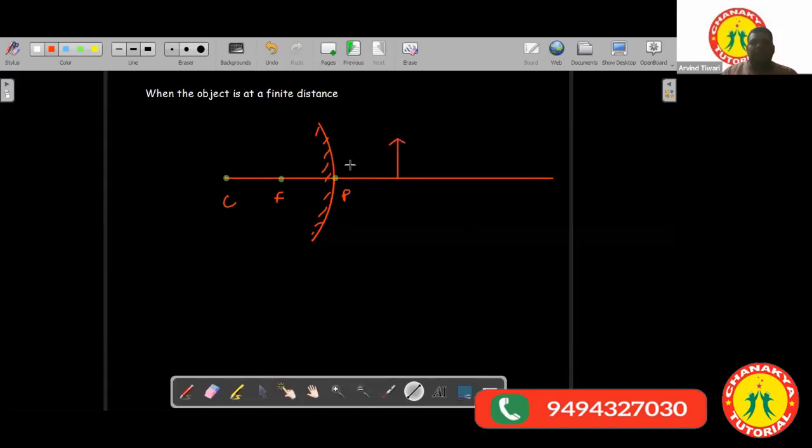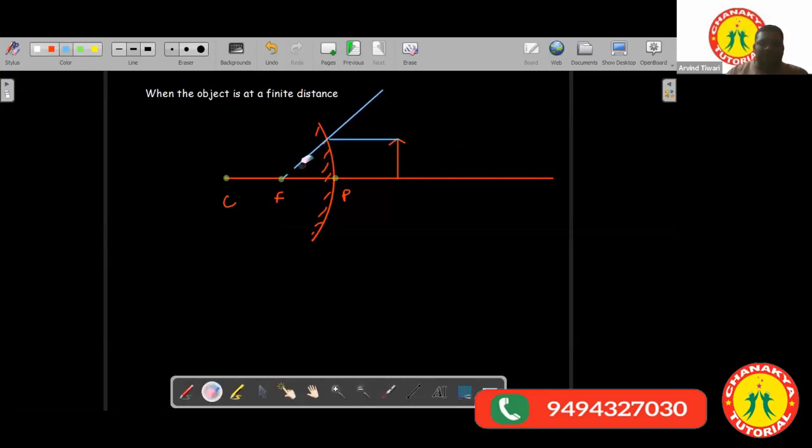Now see, to obtain the image, how can we obtain the image? We need two light rays. Again, the same rules we will see. We will take a light ray parallel to the principal axis, and after reflection, this light ray should pass in line of focus, like this.